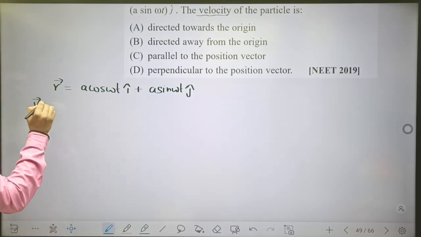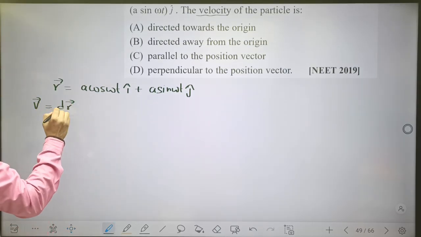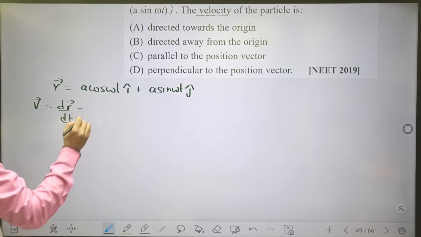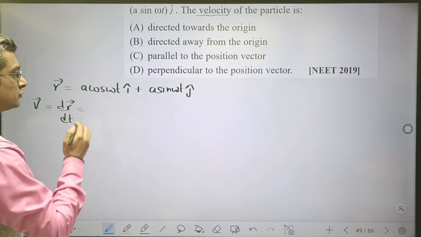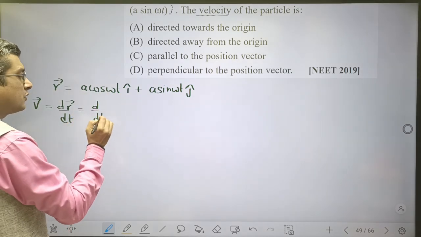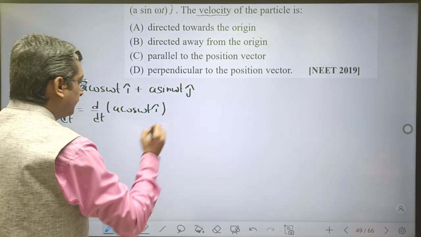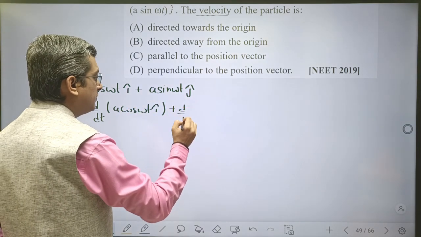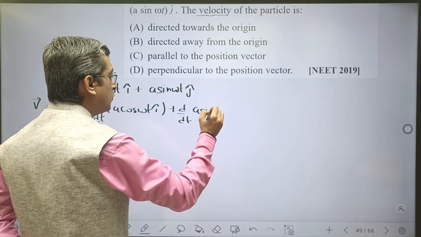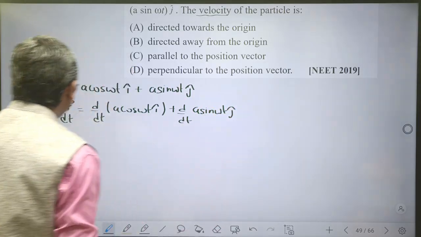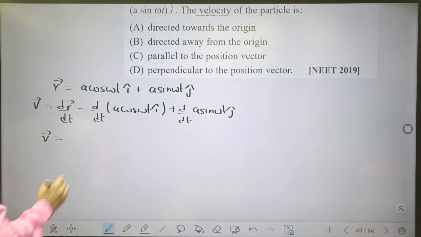So since we know that velocity is given by dr by dt, we have to differentiate this value. So this is nothing but d by dt of a cos omega t i cap plus d by dt of a sin omega t j cap. On further solving, we differentiate.